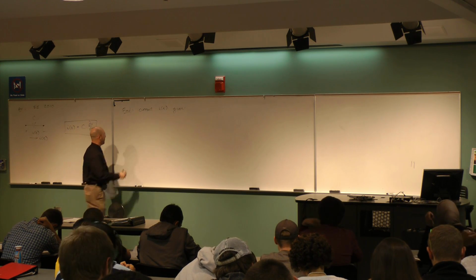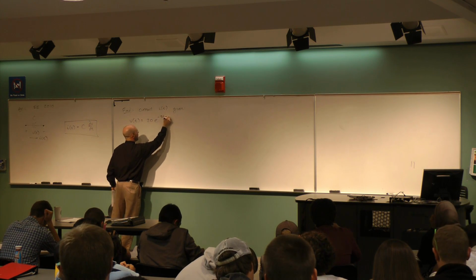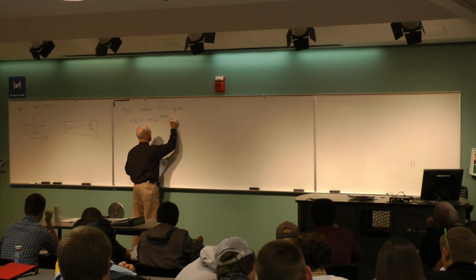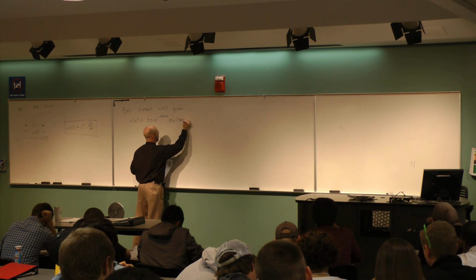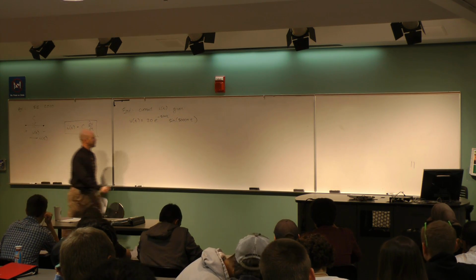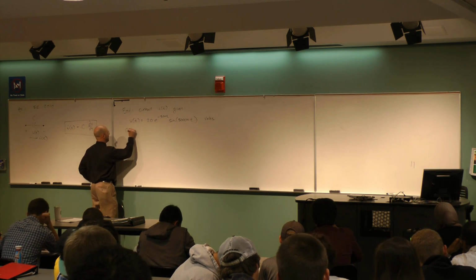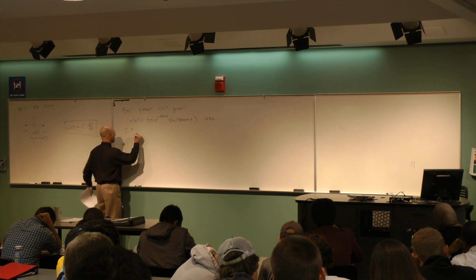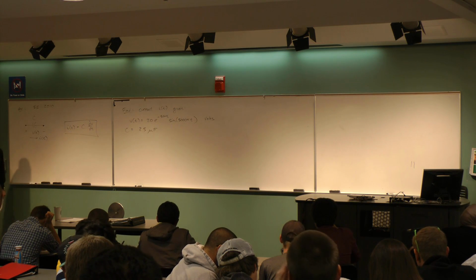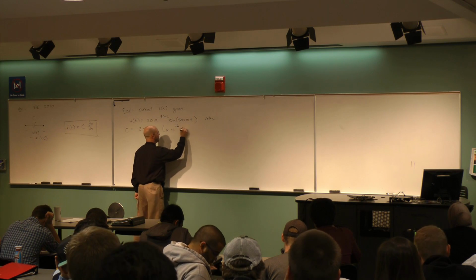Voltage is 20 e to the minus 500 t, multiplied by sine of 5,000 pi t, and that is in volts. Let's say that the capacitor C is equal to 25 microfarads. What's a microfarad, by the way? 10 to the minus 6, right? So this is times 10 to the minus 6 farads.